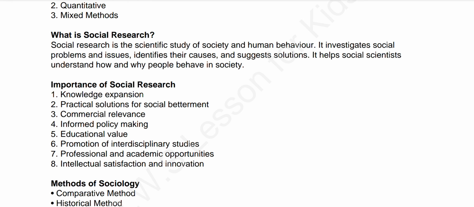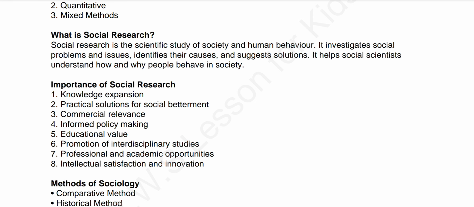So through this social research, we observe the society, we try to understand the society, and by this, we get a more practical knowledge about the society. Hence, we are able to give more practical solutions for this social betterment.